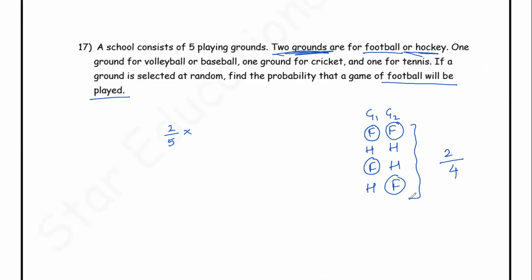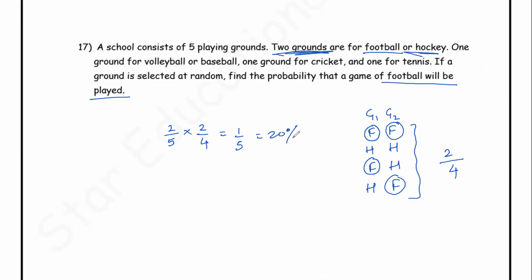So from these four possibilities, I can clearly see that half the time I can have football being played on ground one, and half the time I can see that football is being played on ground two. I might be wrong about this, 2 by 4. I might be wrong about this.